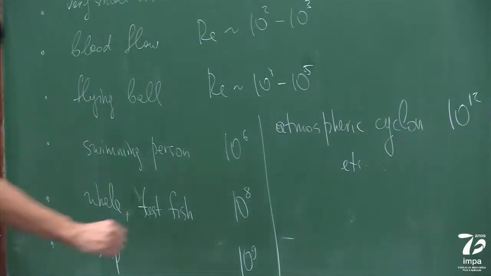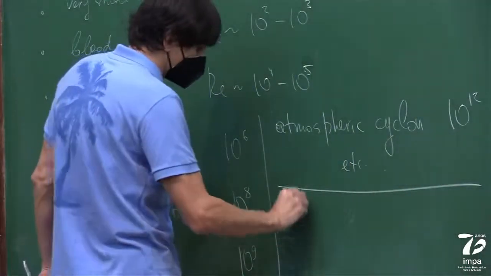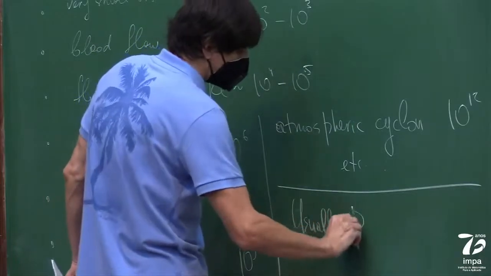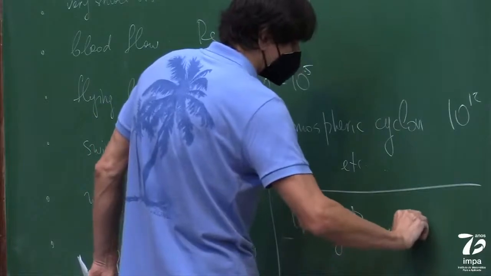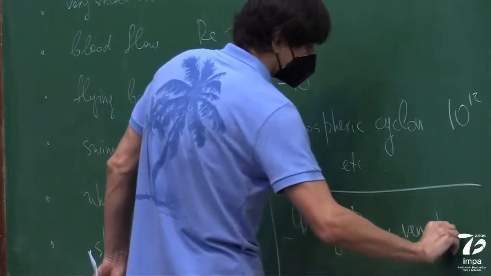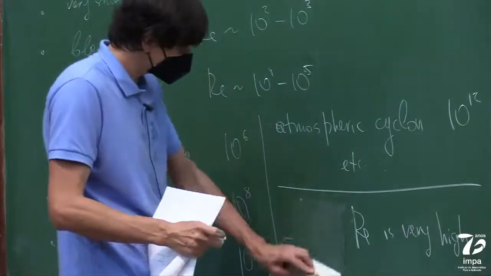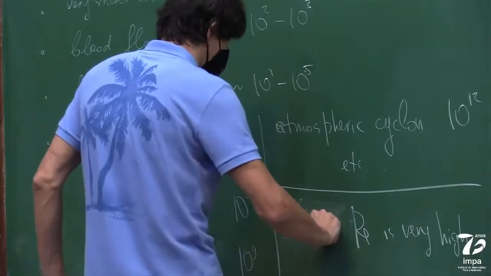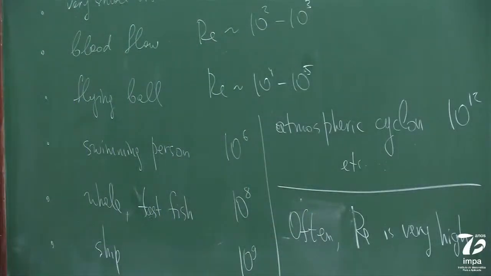So anyway, the conclusion is that usually, not good to say usually, often, in many cases the Reynolds number is very, very big.